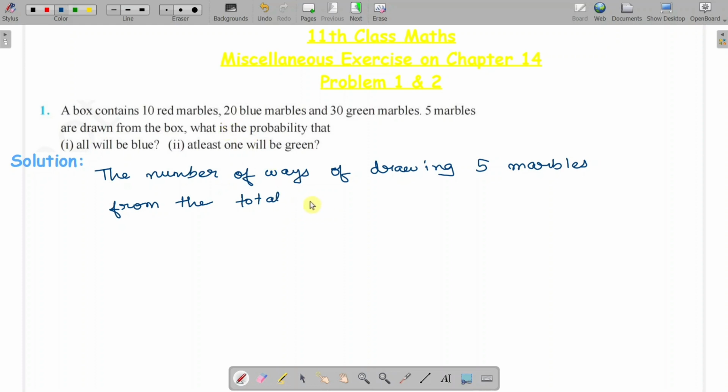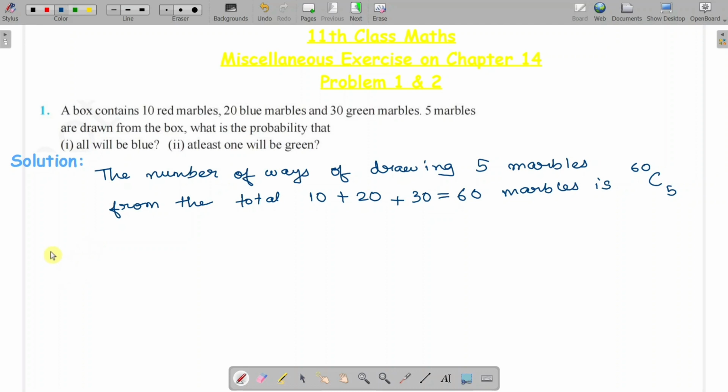If we take the sum 10 plus 20 plus 30, that will give us 60. So drawing 5 marbles from the total 60 marbles is what? By the combination concept we get 60C5, where C means combination, because we are selecting 5 marbles from 60. So this is the number of ways of drawing 5 marbles from the total 60 marbles.